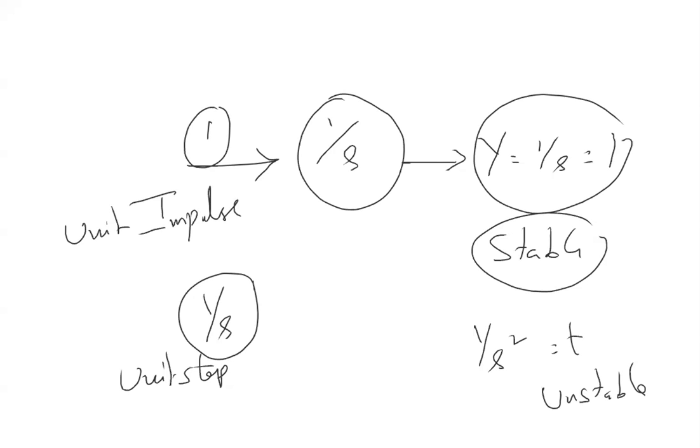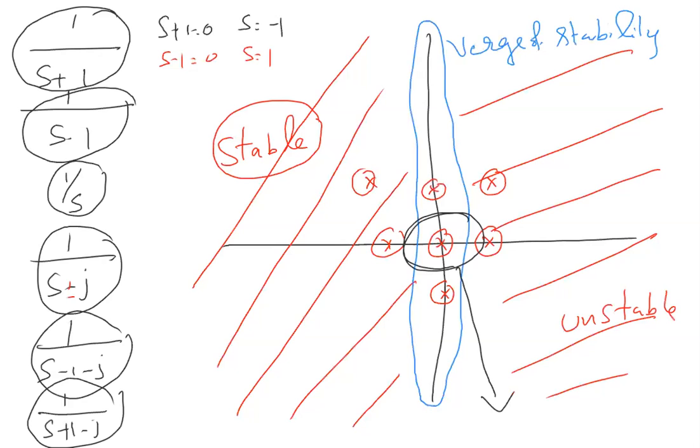From 1 by s square onwards, this is the story of 1 by s. Suppose I take 1 by s square. Even for an input of 1, it is 1 by s square, which is t. Even for an input of 1 by s, it is 1 by s cube, which is t square by 2. So what I am trying to say is, when you have roots at the origin, s power m, m greater than or equal to 2 is unstable.